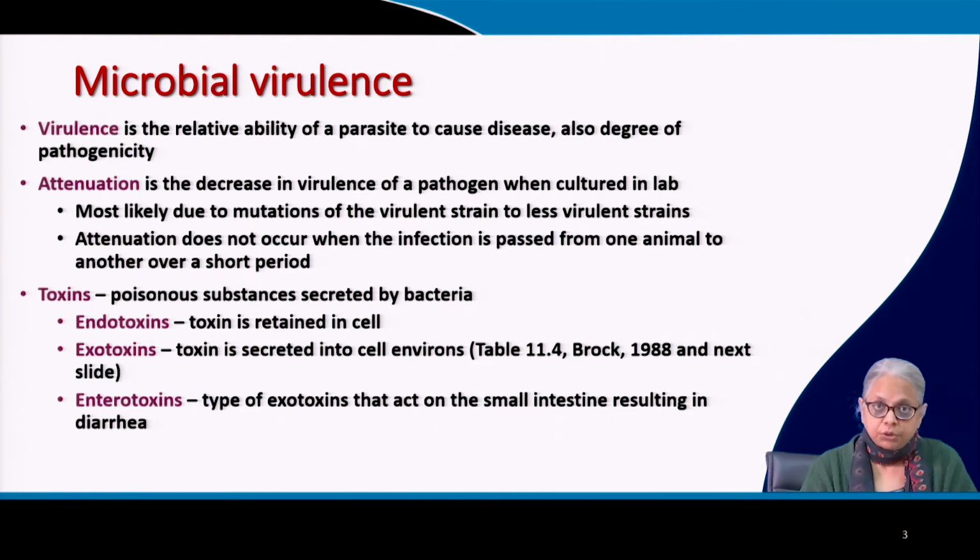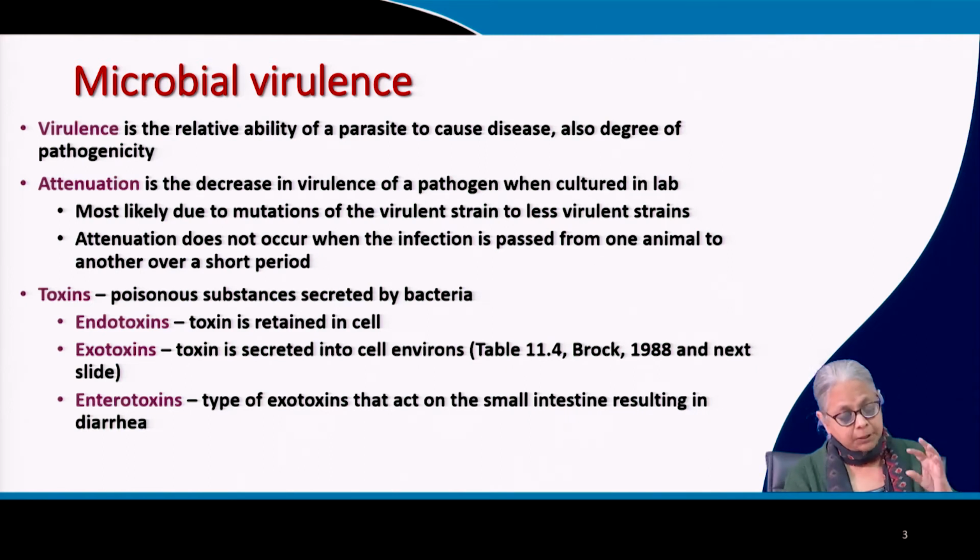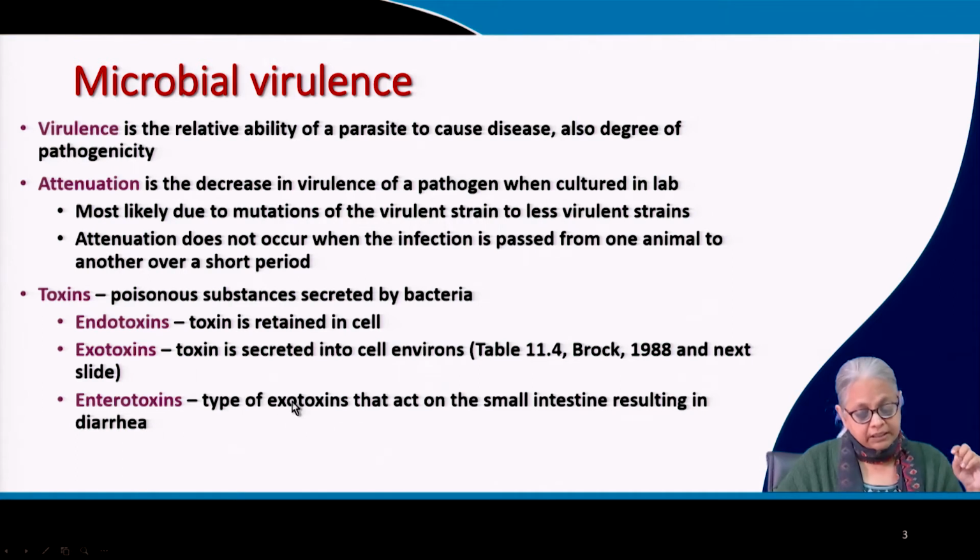There are two major groups, endotoxins and exotoxins. So by definition, endotoxins are when the toxin is retained in the bacterial cell or any other microbial cell. If it's an exotoxin, it means the toxin is secreted into the cell environment. And within exotoxins, we have enterotoxins.